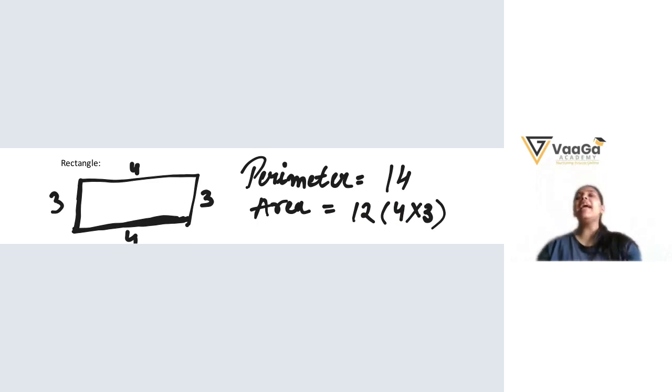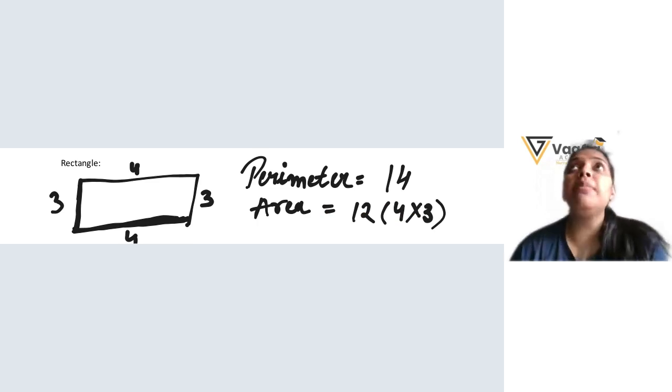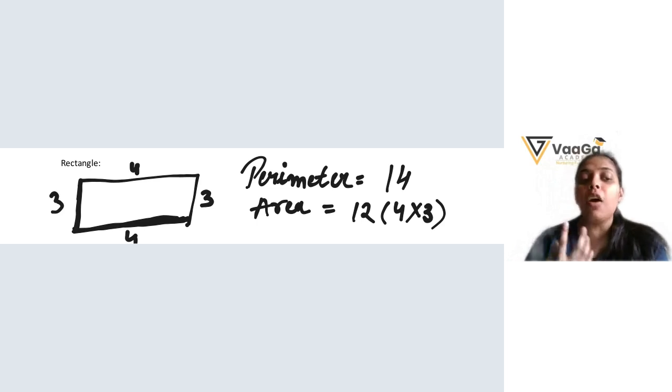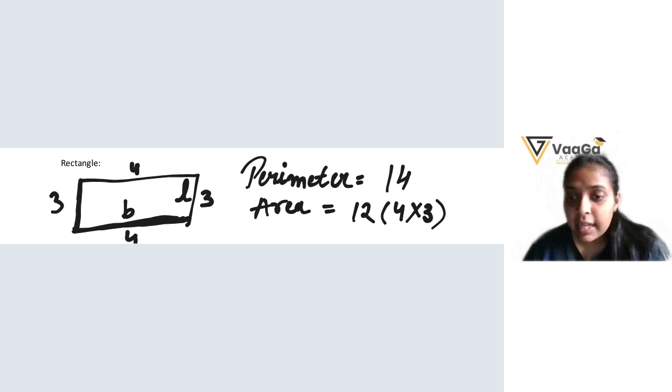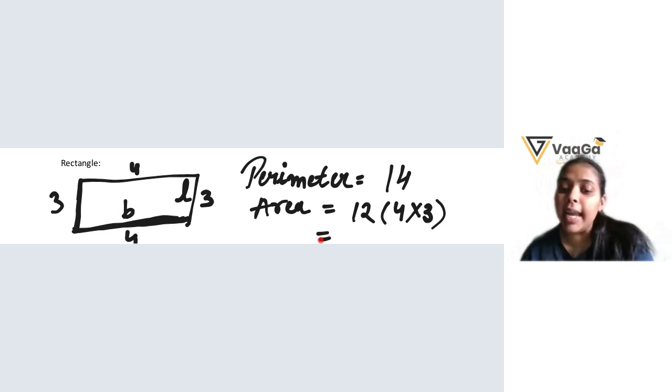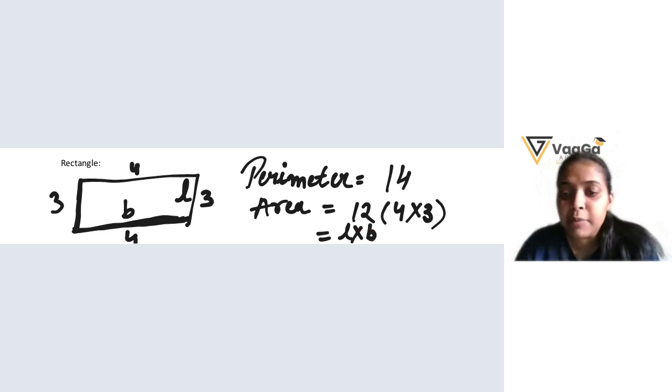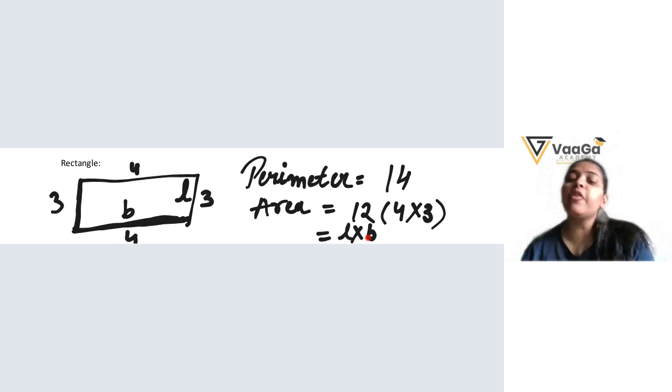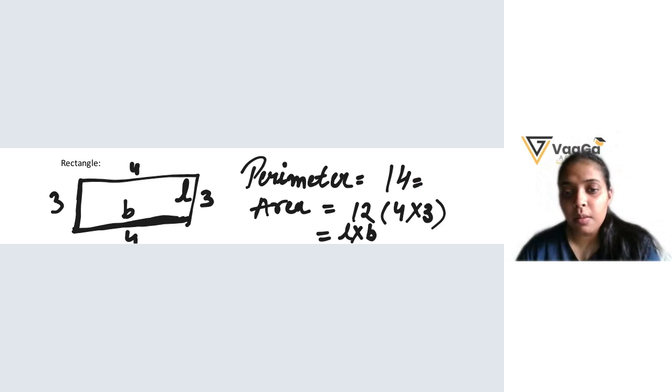So if I ask you to tell me the formula for the area of a rectangle, can you tell me? This side is known as the length and this side is known as the breadth. So the area of a rectangle is L times B, length times breadth. And what will be the formula for the perimeter?